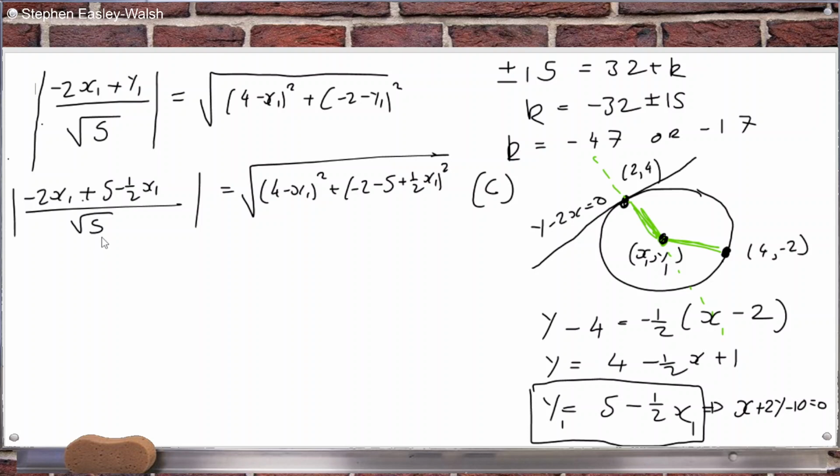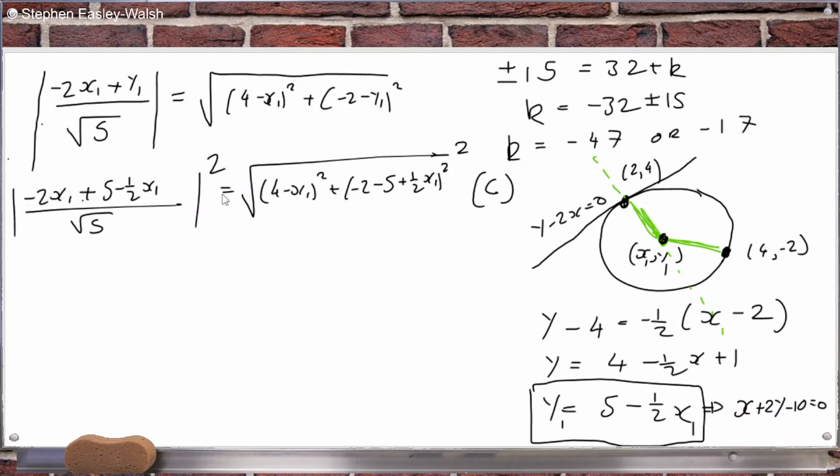Doesn't look too bad to solve. If I square both sides, it'll make a quadratic. Doesn't feel like the best way to do it though. I'm just going to think before I continue. I'm going to continue to see what happens.